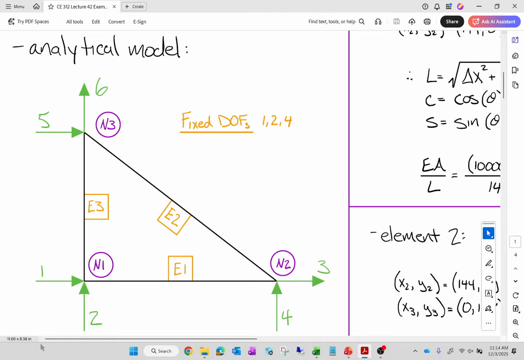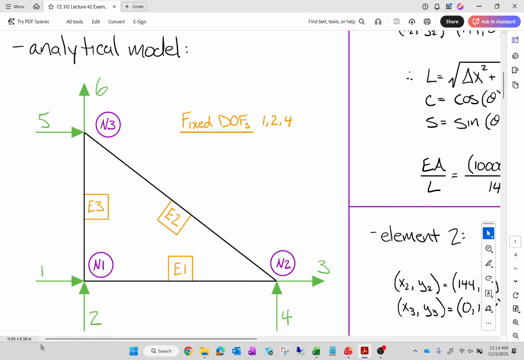Okay, so let's start off with what do we know. Element number 2 goes from joint 2 to joint 3, or node 2 to node 3. So let's see if we can write down some coordinates, okay? Let's start off with x2, y2, and x3, y3.